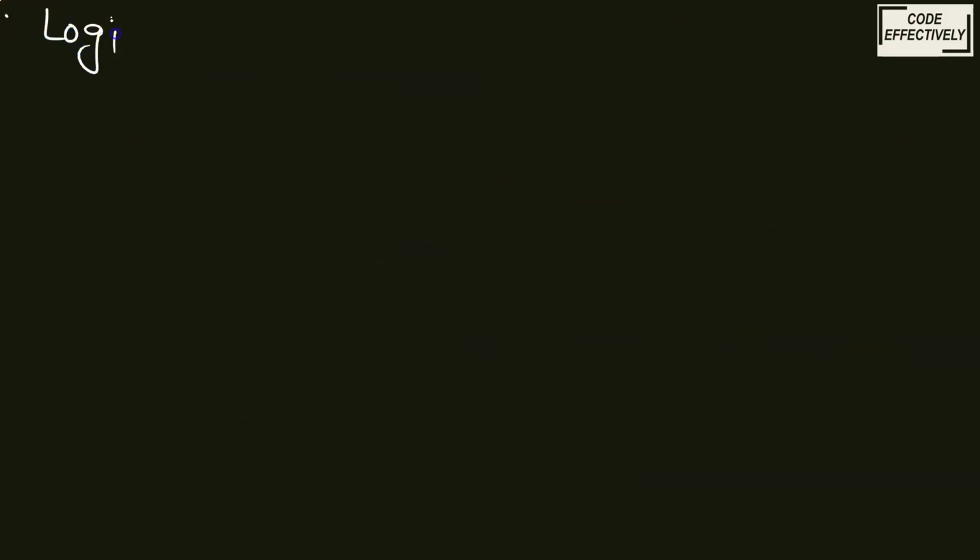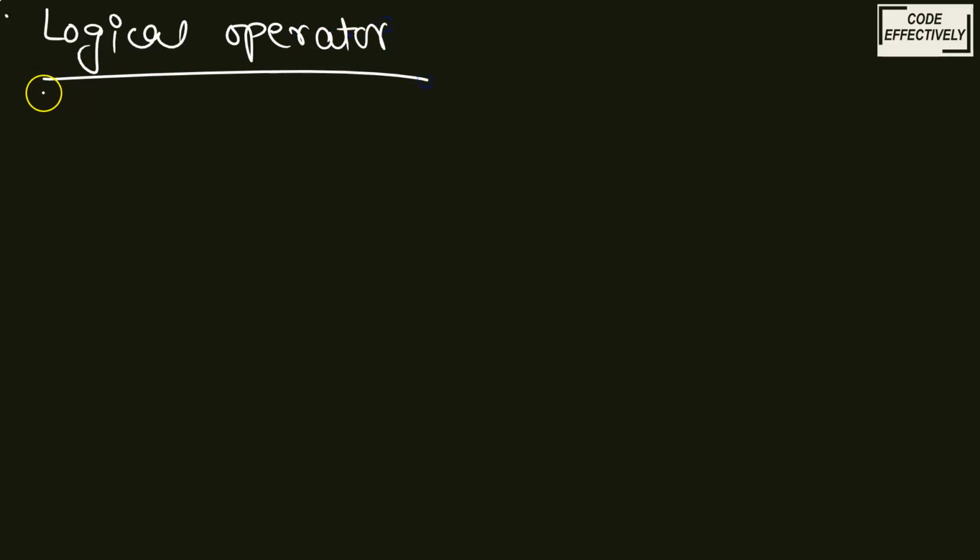Logical operators you have used a thousand times in your programming, but you didn't recognize them or know them by their name. So today we will know them by their name. What exactly are logical operators? They are very easy. A logical operator combines the result of two or more expressions. The mode of connecting the relationship in these expressions is related to logic, and hence they are known as logical operators.